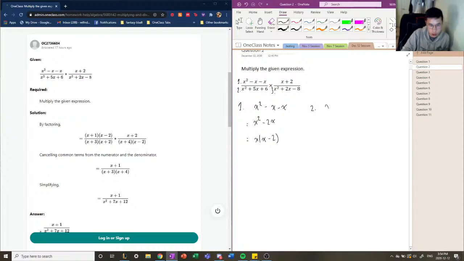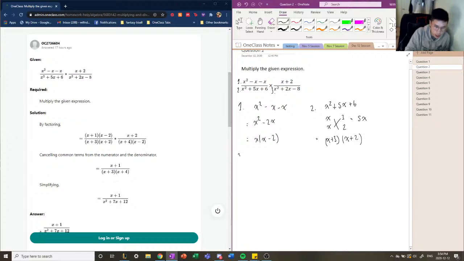So number 2, x squared plus 5x plus 6. The factors for this are x, and 3 and 2, 2x, 3x. Yep, if we cross multiply and add these together, we get 5x. So that means the factors for this are x plus 3, x plus 2.